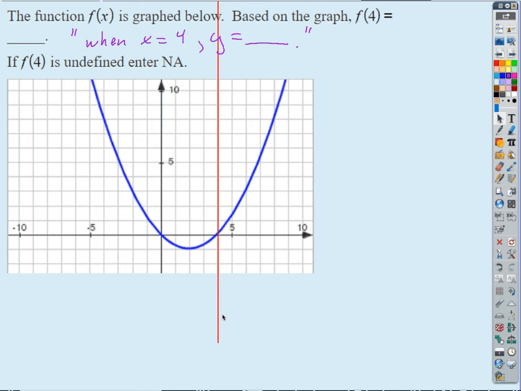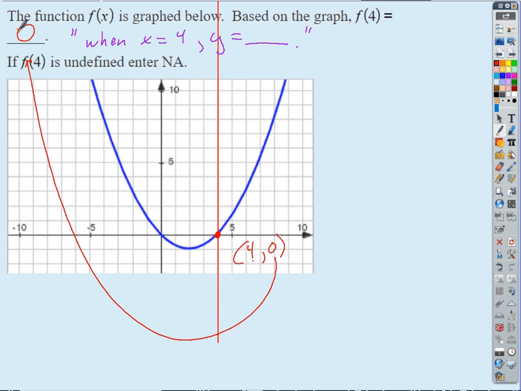So where is the function when x equals 4? The function has coordinates x equals 4, y equals 0, right? And so our answer is 0. Whatever the y value is that goes with the x value 4 on our graph, right?